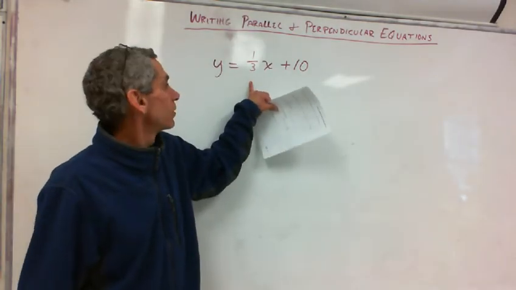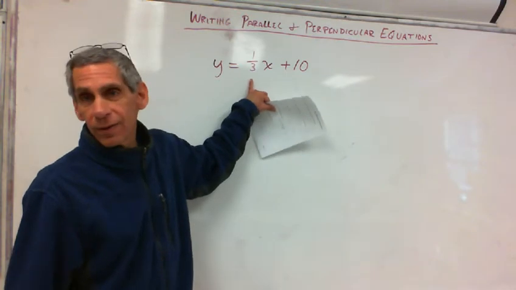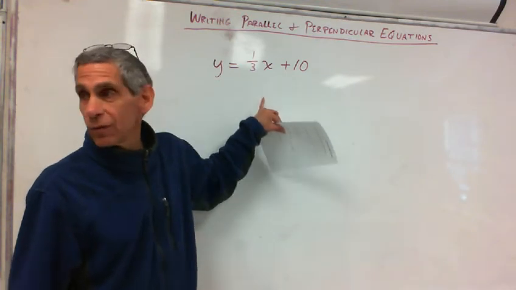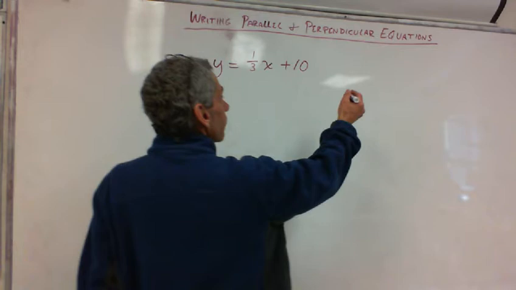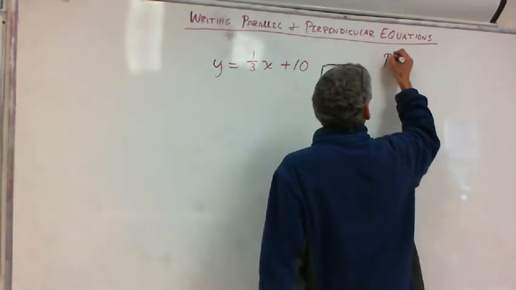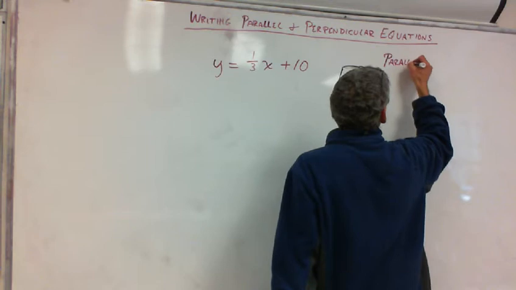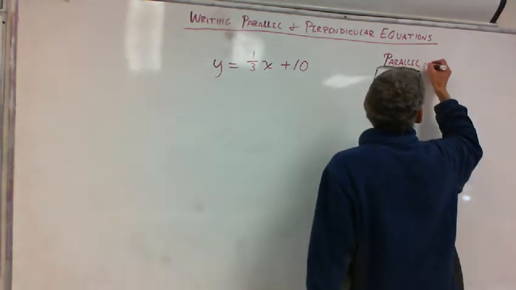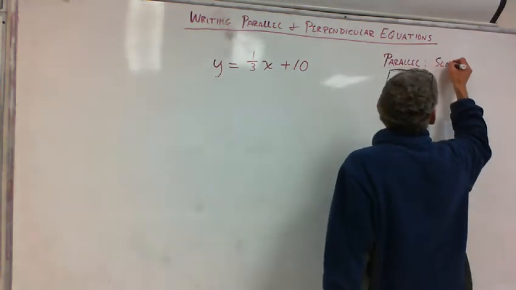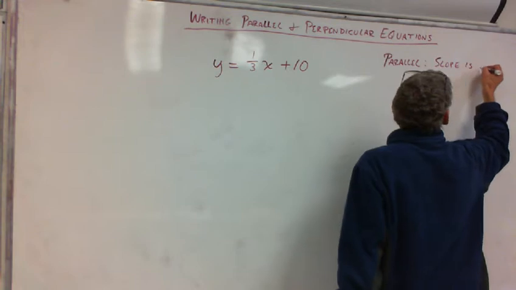So the slope is always the same if they're parallel, right? So if it's parallel, slope is the same.